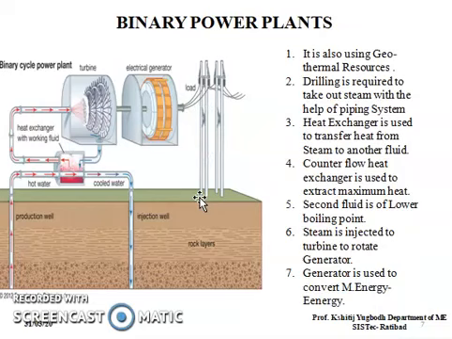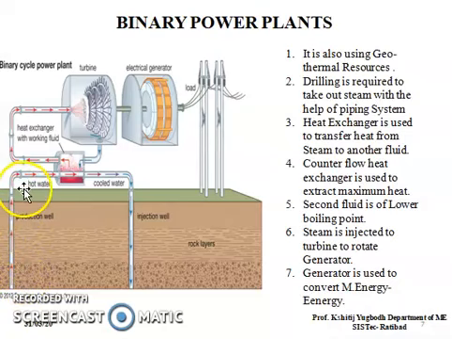Now we are discussing another cycle in the indirect method, and that is binary power plants. Binary power plants also use geothermal resources like water and heat. In this system, drilling is also required to take out steam with the help of the piping system. We have drilled in the earth.